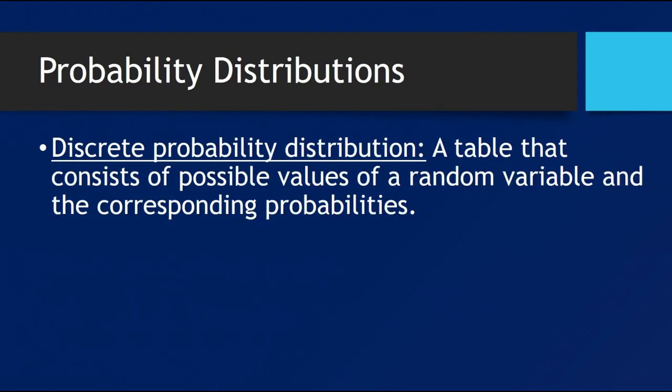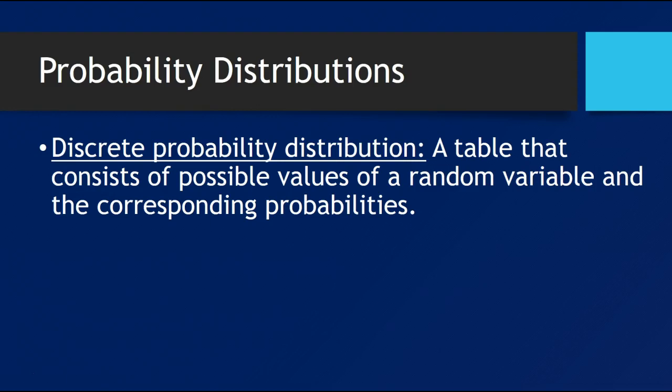Now, here's what we do with a discrete random variable. We create probability distributions. And in a lot of this section, we're going to create a lot of probability distributions. What that is, is just a table that consists of possible values of a random variable and the corresponding probabilities. If you think about where we saw distributions earlier, we saw frequency distributions way back in chapter 2.